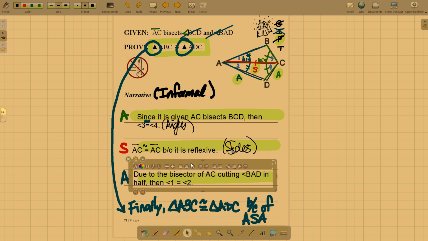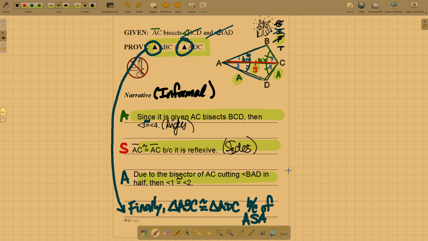Close to that. You have to connect the fact that the bisector and those angles are congruent. We hit your target ahead of time so that you would remember it.